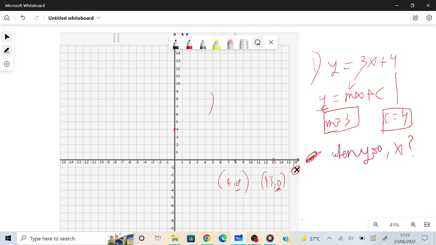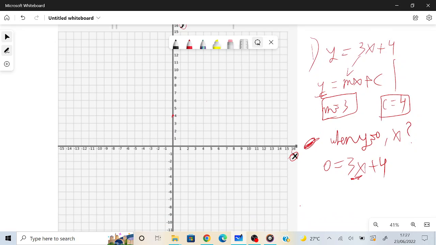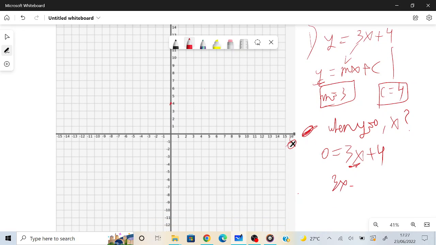So getting back to our question, it says y is equal to 3x plus 4, and we said that when y is 0, what is x? So let's say this is now 0 equals 3x plus 4. All we have to do now is solve for x. Using your algebra knowledge, you know that this would be 3x equals minus 4, x is minus 4 over 3, and you can leave it in fraction form because if you were to write this in decimals, it would be a recurring decimal, which is minus 1.333333.